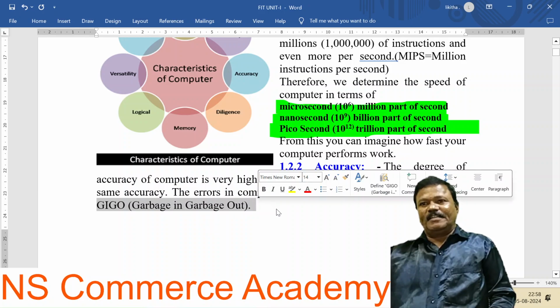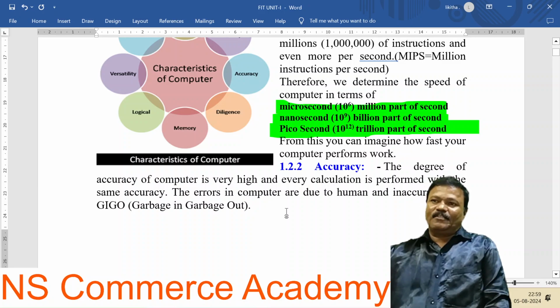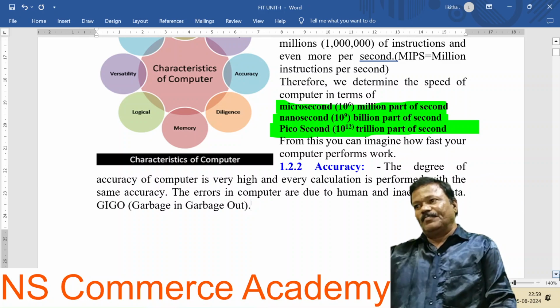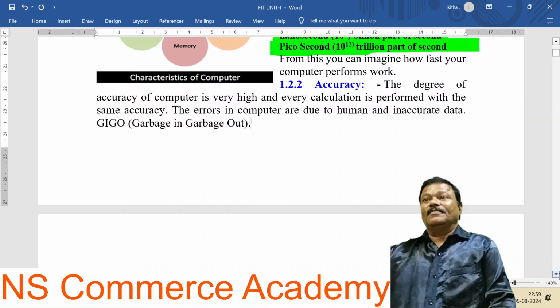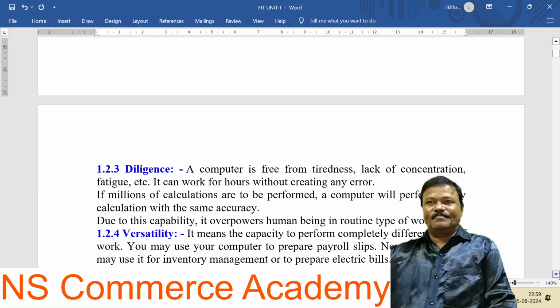Here GIGO means garbage in, garbage out. If we give wrong data and wrong instructions, the computer will show bad results. If we give accurate and correct data and correct instructions, it will produce accurate and reliable results.